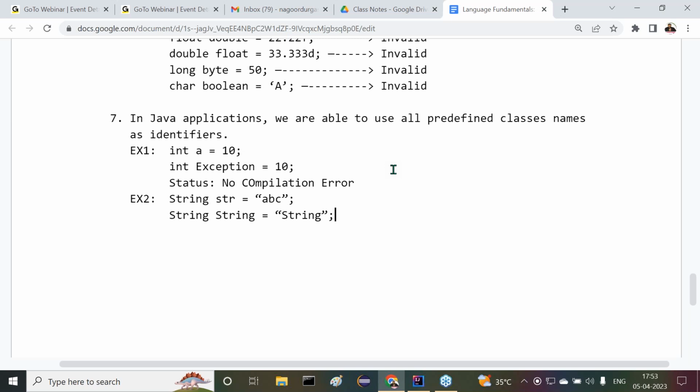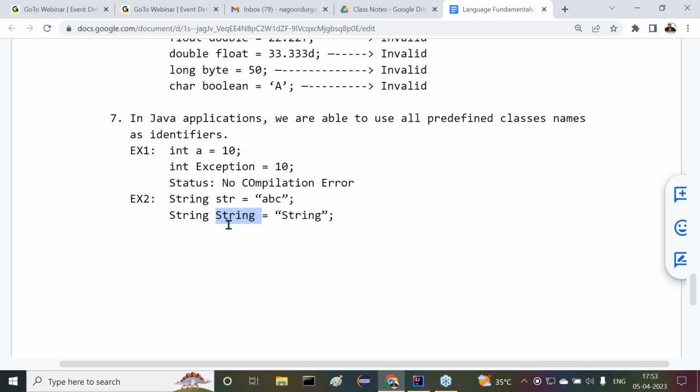String is actually a predefined class name. In String str = abc, in place of str, I am using the same class name. To give confusion, I have given this example, nothing else. So in place of str, I have given string.